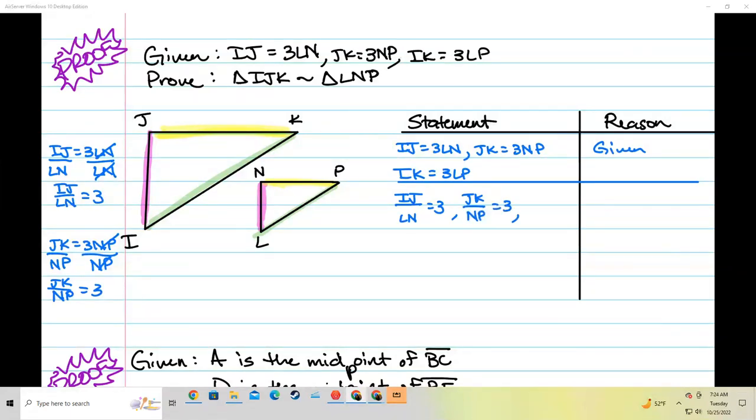Why? Because I divided both sides by np. And if I do it one more time, I know that ik divided by lp is going to equal 3. Why? Because I divided. And so I know that all of these things are equal to 3. This one is called the division property of equality, basically saying you divided.